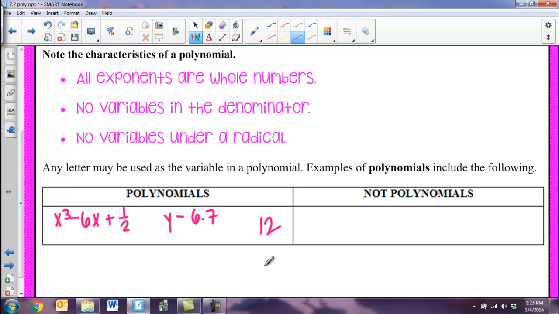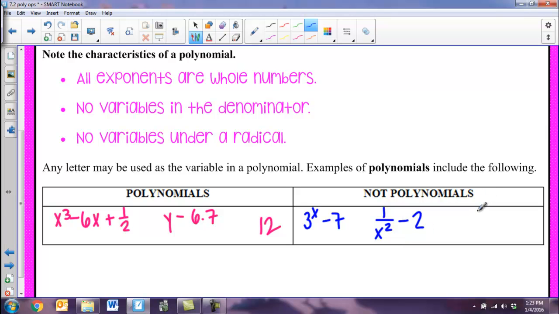Okay, it's basically a polynomial is just a collection of those terms that are being added or subtracted. Okay, an example of a not polynomial might be, for instance, 3 to the power of x minus 7. This one doesn't have a whole number exponent. You can't have a variable in the exponent, otherwise problems. Okay, the other one you might see is something like this, where you have x in the denominator. You can't have a variable in the denominator, otherwise it's not a polynomial.